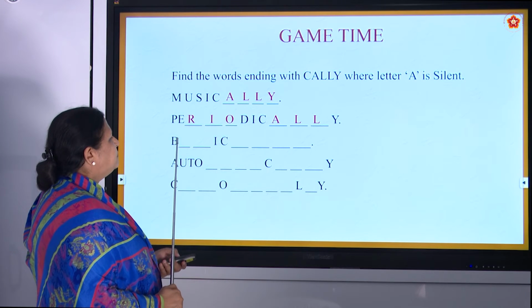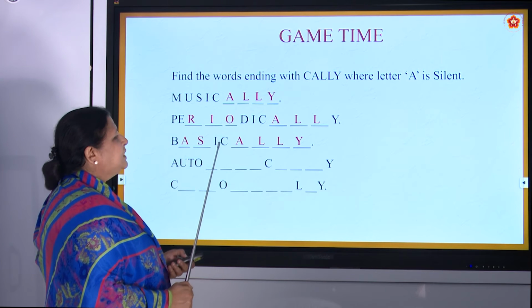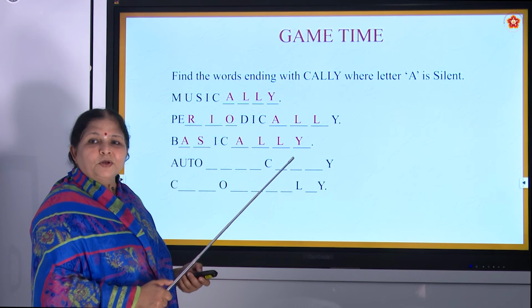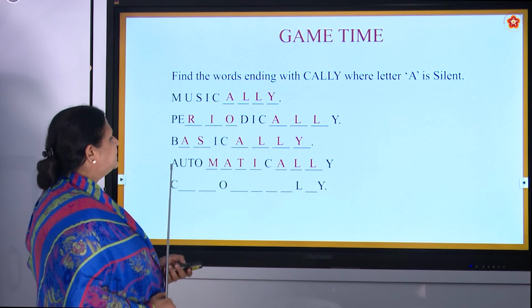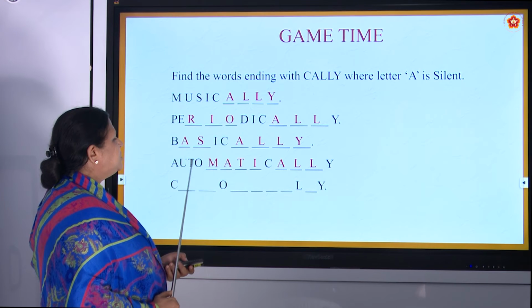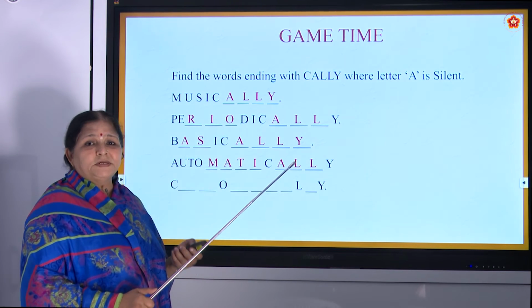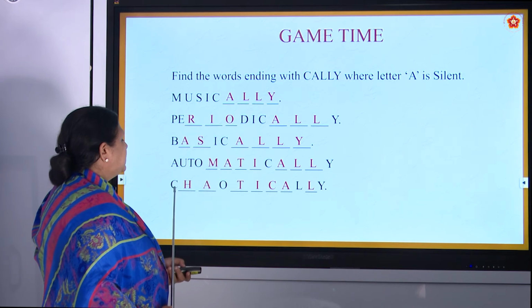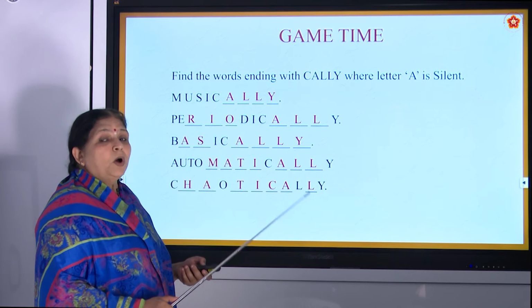Then basically, B-A-S-I-C-A-L-L-Y, basically. Yes, all of you got it correct? Very good. Then automatically, A-U-T-O-M-A-T-I-C-A-L-L-Y, automatically. Then chaotically, C-H-A-O-T-I-C-A-L-L-Y. Okay.